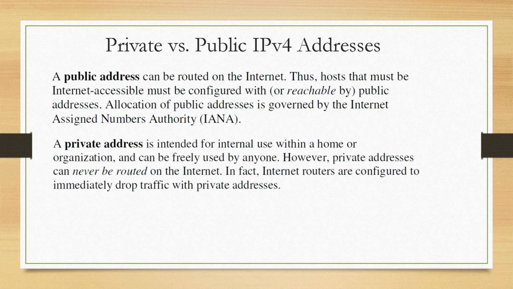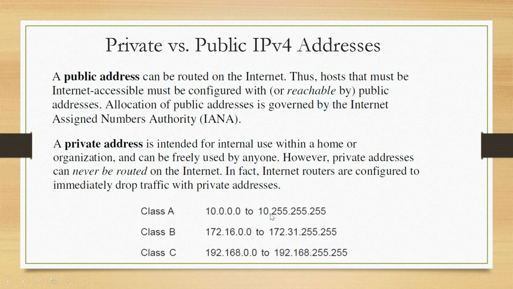A private address is intended for internal use within a home or organization and can be freely used by anyone. However, private addresses can never be routed on the internet. In fact, internet routers are configured to immediately drop traffic with private addresses.